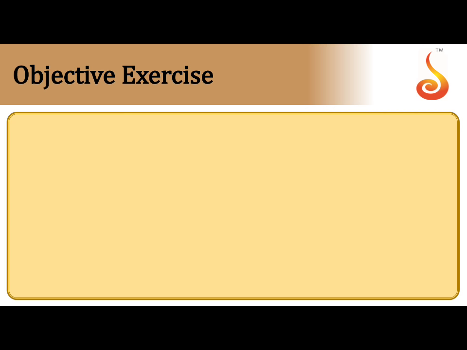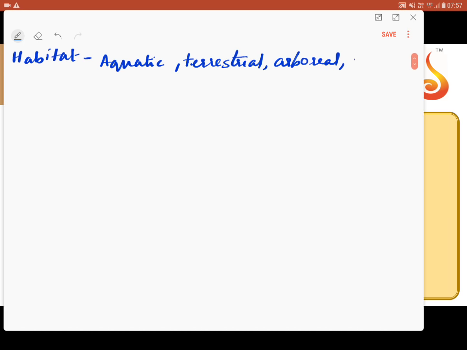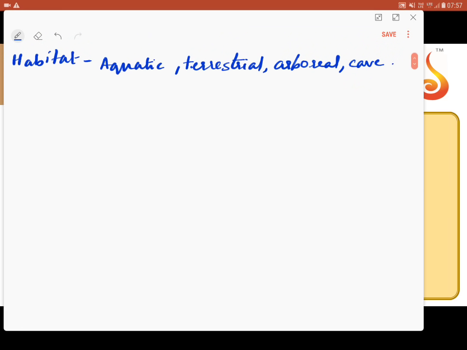Let's quickly revise the entire mammals. First, habitat. It is aquatic, terrestrial, arboreal, that is tree dwellers, and cave dwellers.